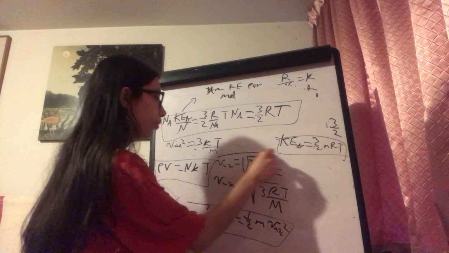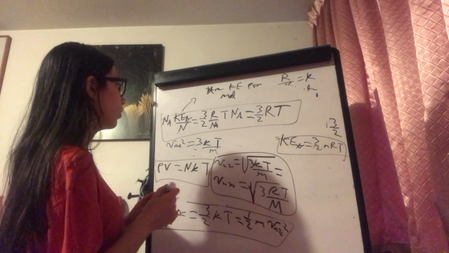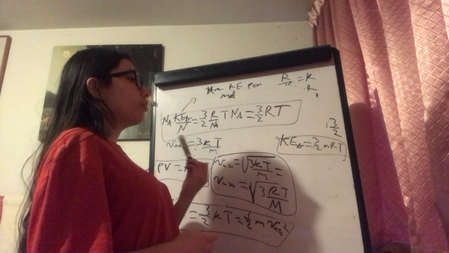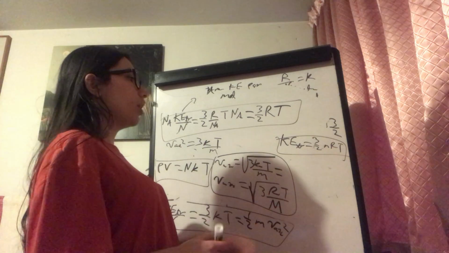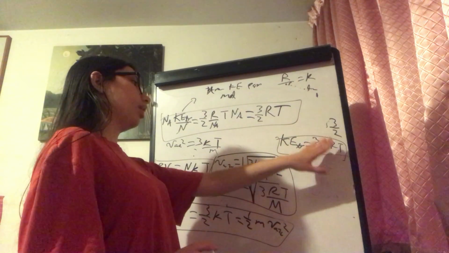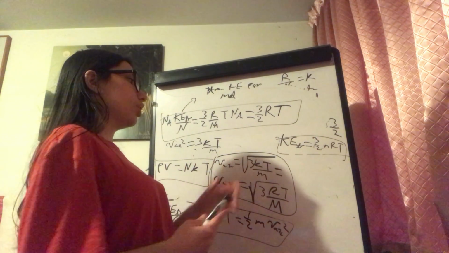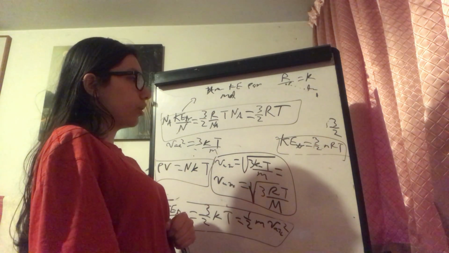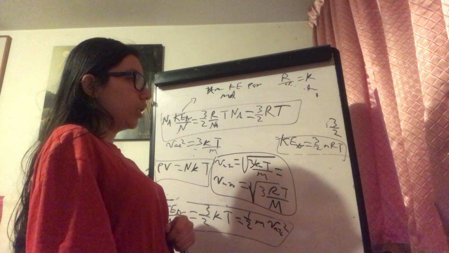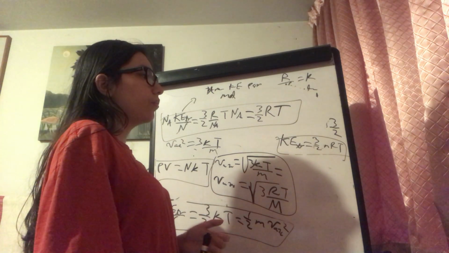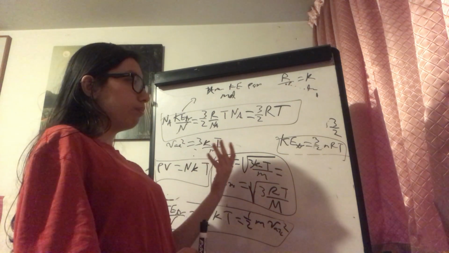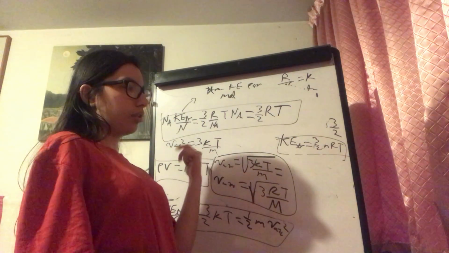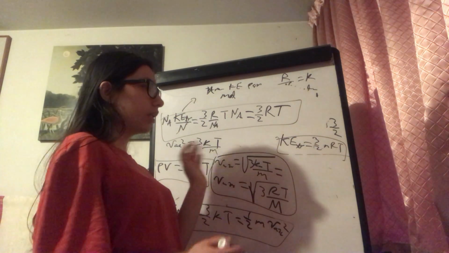So now we have these formulas. The formula for the total random translational kinetic energy is 3/2 of nRT. So what is the total random translational kinetic energy for a mole of whatever gas it be at 27 degrees Celsius?